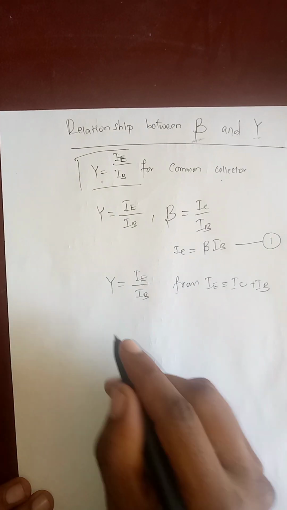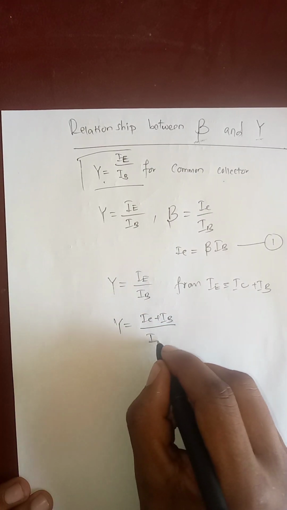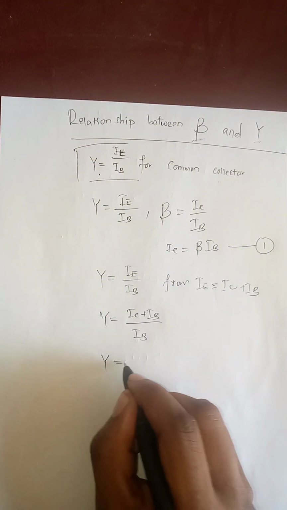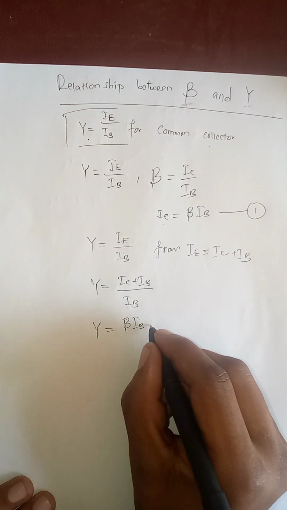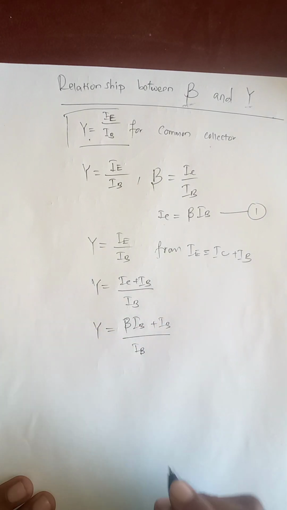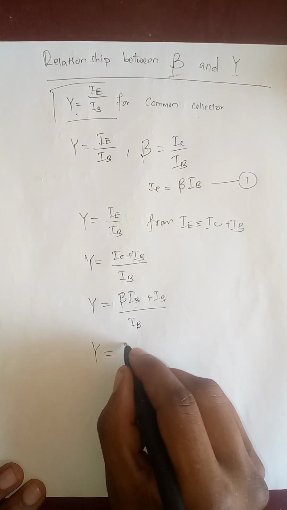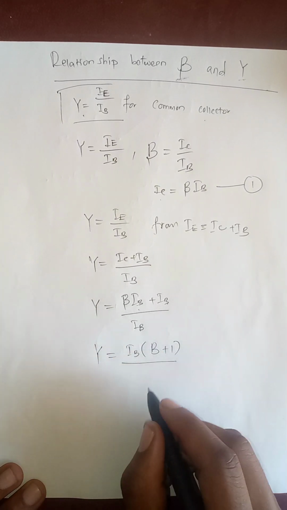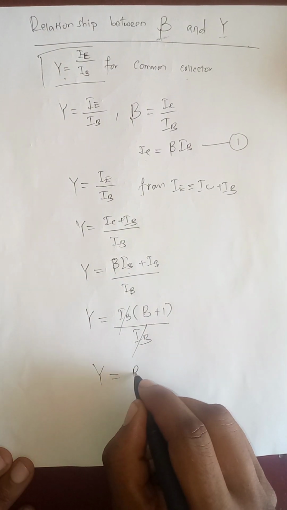So you can substitute here. Gamma is equal to IC plus I base over I base. But we know the value of IC, so substitute here. Gamma is equal to beta I base plus I base over I base. Now this IB is common, so it is I base times beta plus 1 over I base. So I base and I base will cancel, so gamma is equal to beta plus 1.